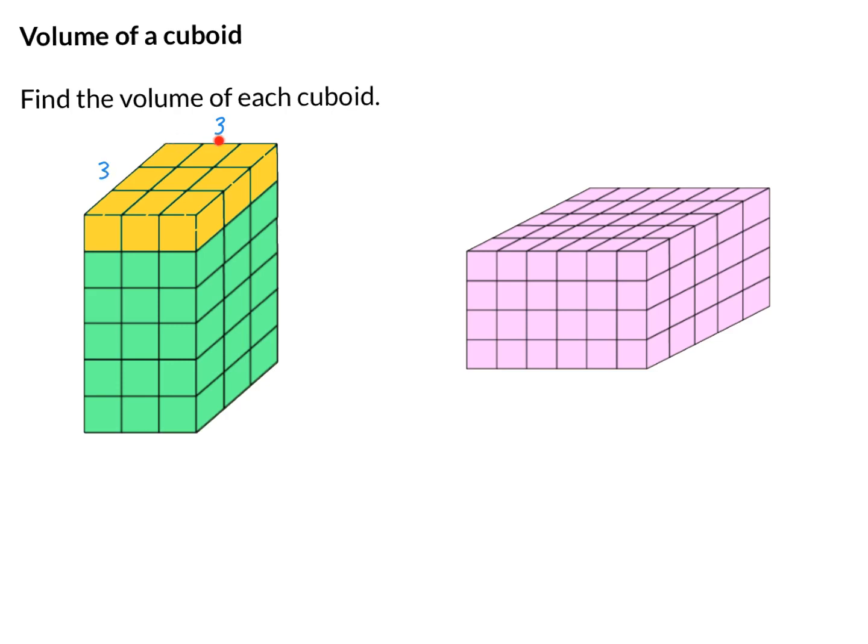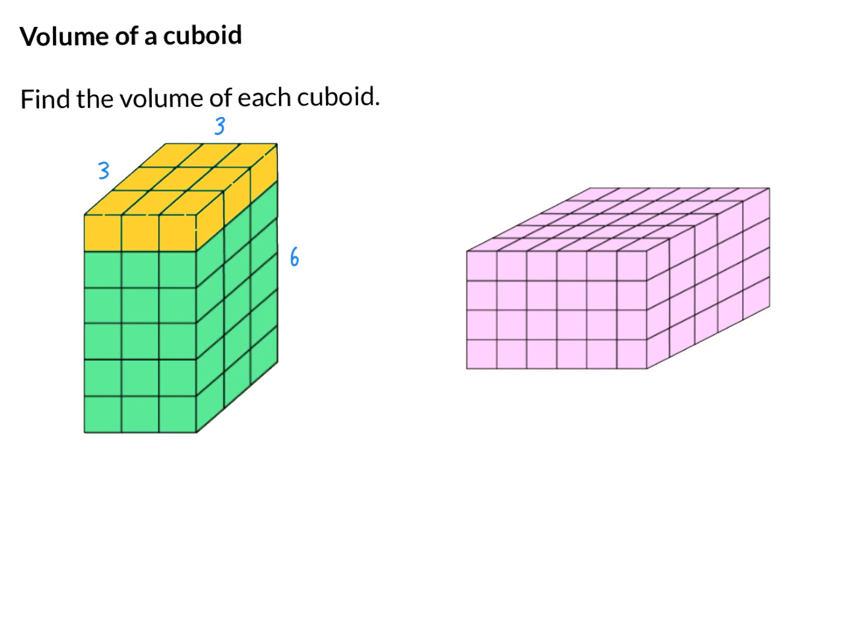So all length and breadth really mean is how long one side is and how long the other. So length and breadth can be interchangeable. We then multiplied that by how many layers there are. We saw there were 6 layers, so it means we've got a height of 6 units.